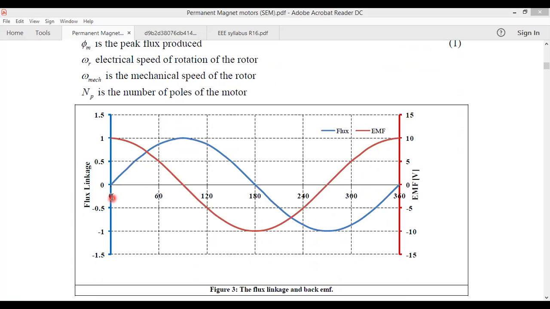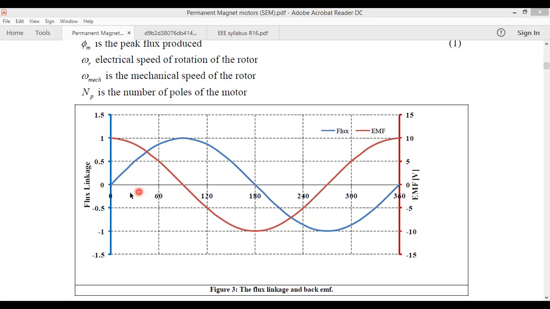Here, if you observe, this is the flux, the flux produced by the permanent magnet rotor, and next this is the EMF, the back EMF.